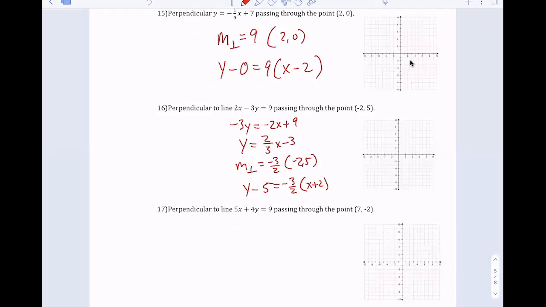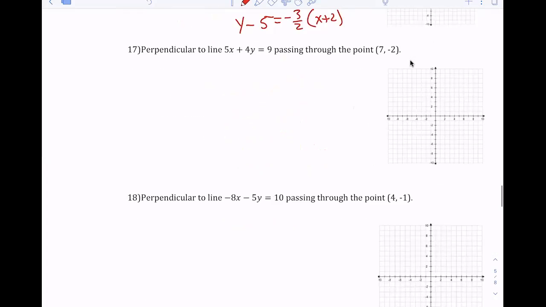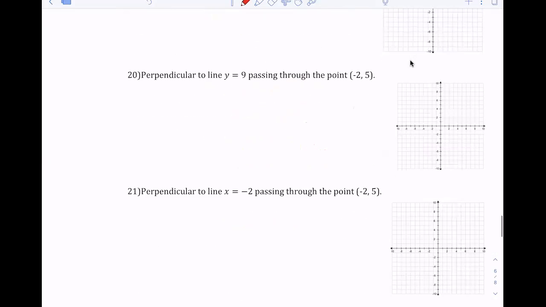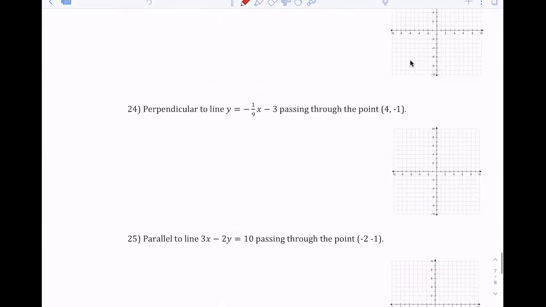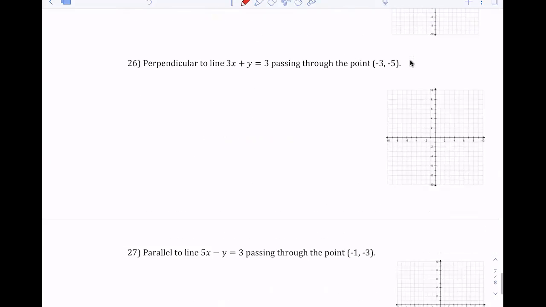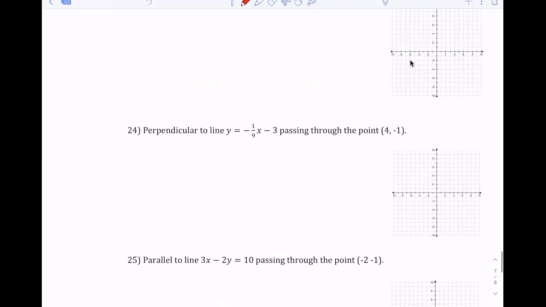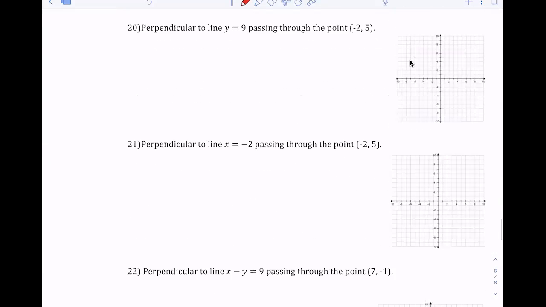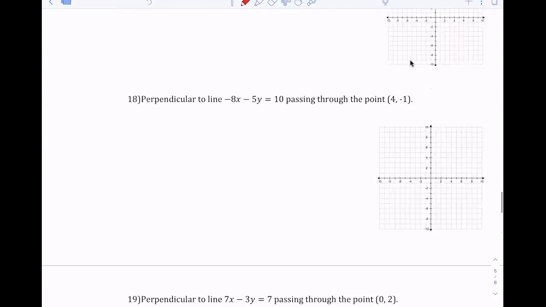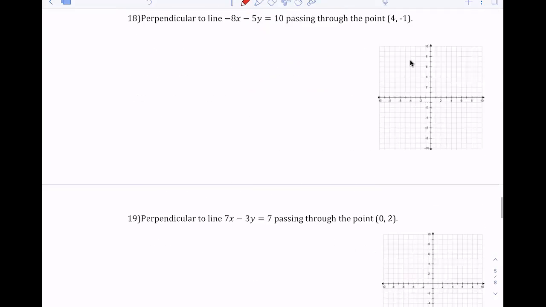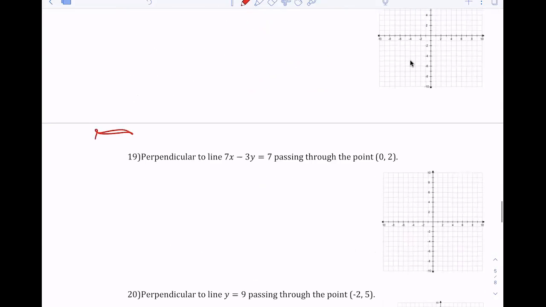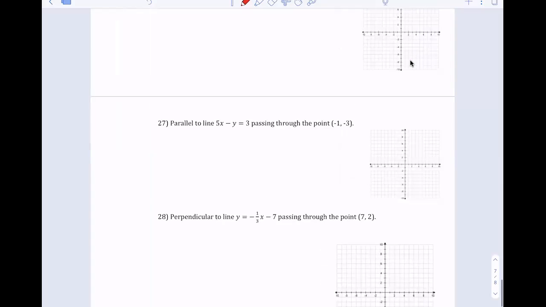Now again, I cut you a big slack here, guys. You don't have to graph anything. There's parallels and perpendiculars all the way down the page. So let's start on 19. I want everybody to try to do 19 through 28.